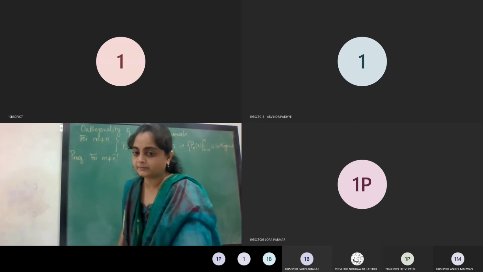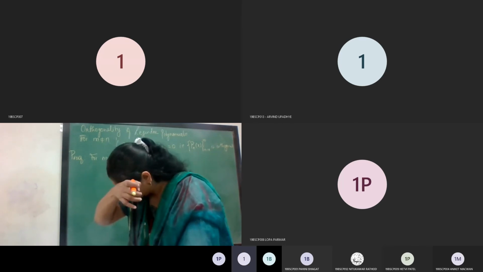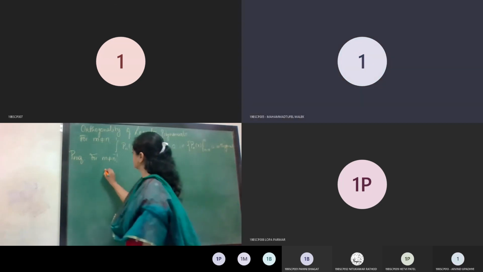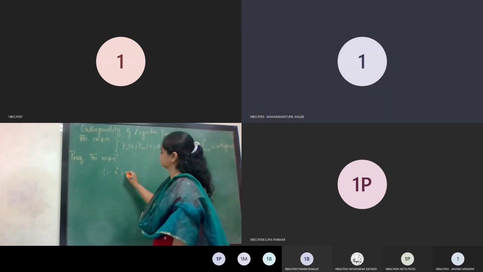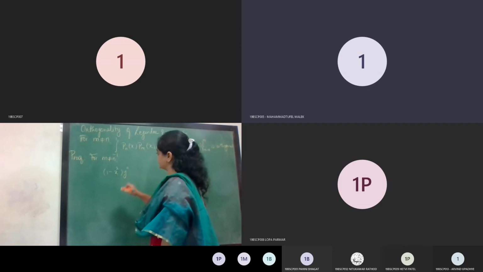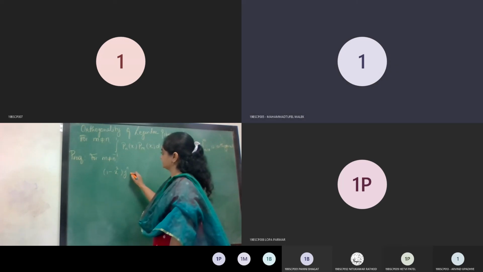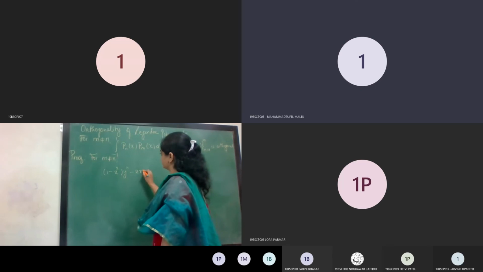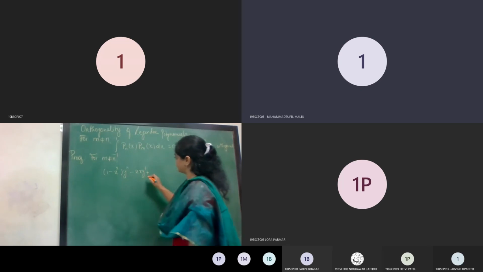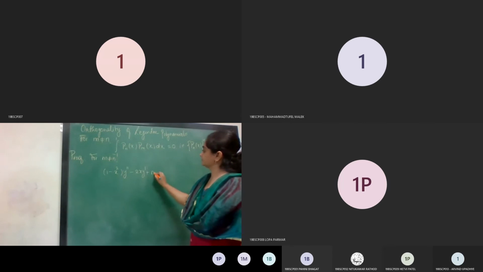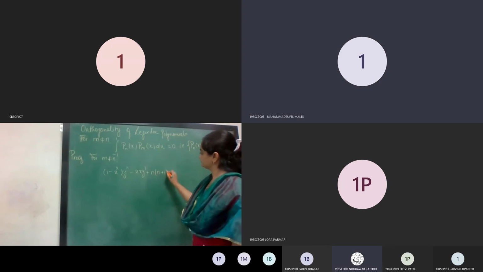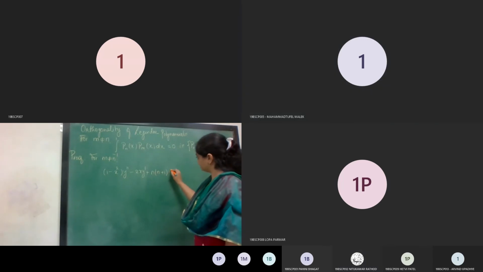Please बताओगे मुझे क्या फॉर्म है Legendre differential equation का? 1 minus x square, d square y by dx square, that means y double dash, minus 2x y dash plus n bracket में n plus 1, y is equal to 0.